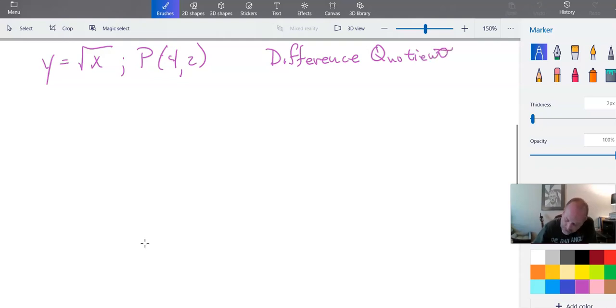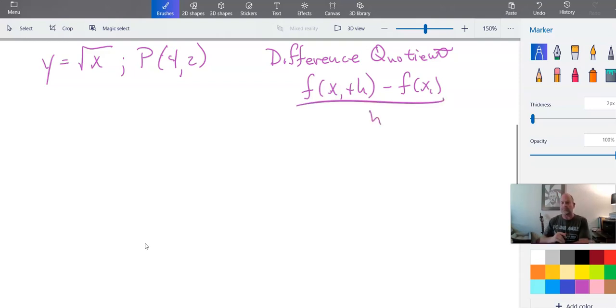The difference quotient is f of x1 plus h minus f of x1 over h. Right? That's our difference quotient. So let's see if we can fill this out. Remember, this is x1 and f of x1, so we have that computed already. In fact, you can even check. If you plug this x in here, you get that y value.